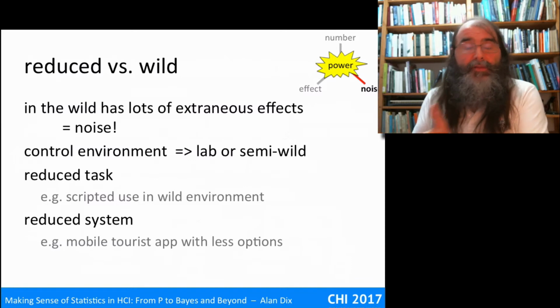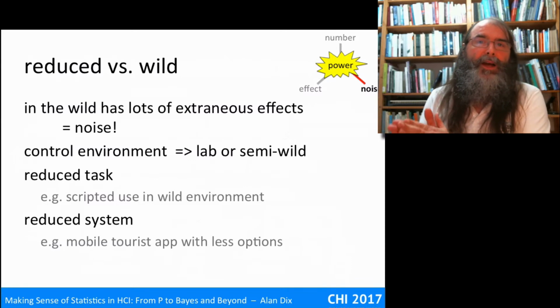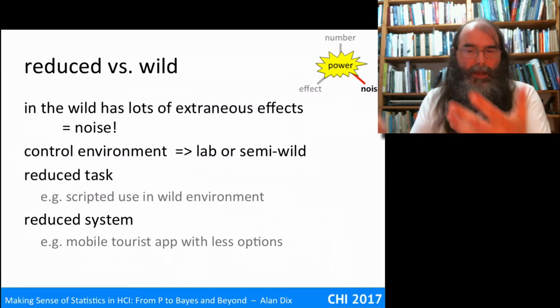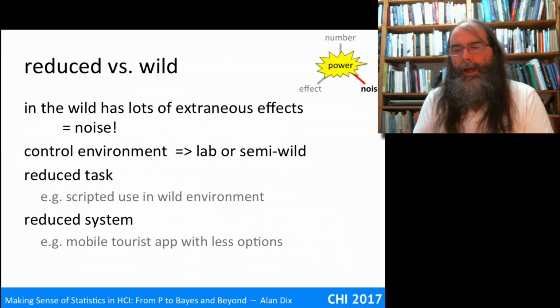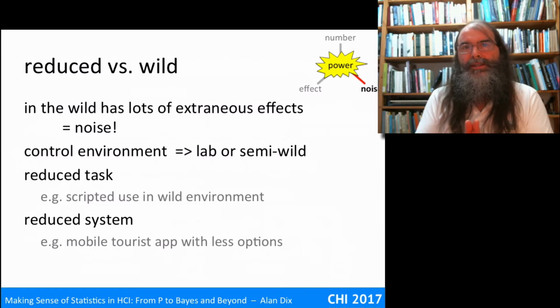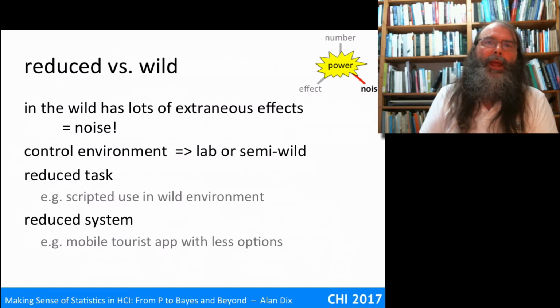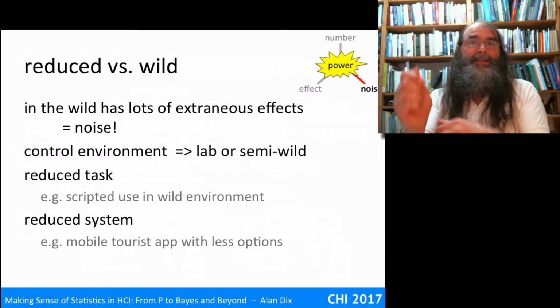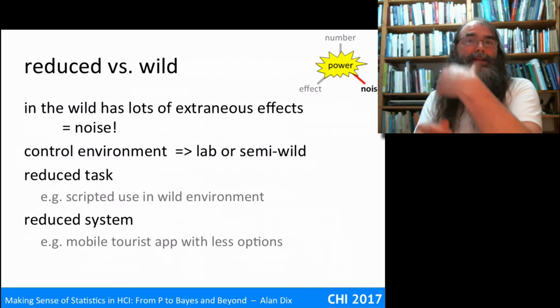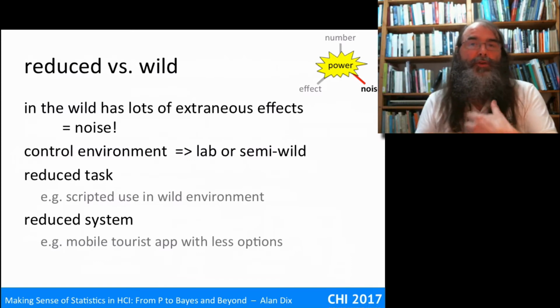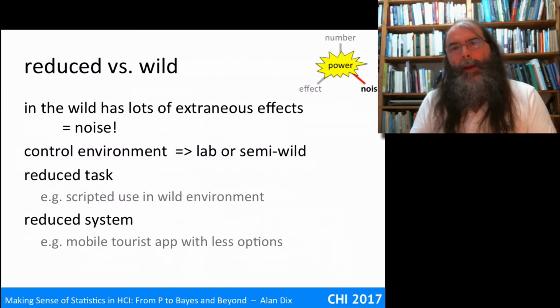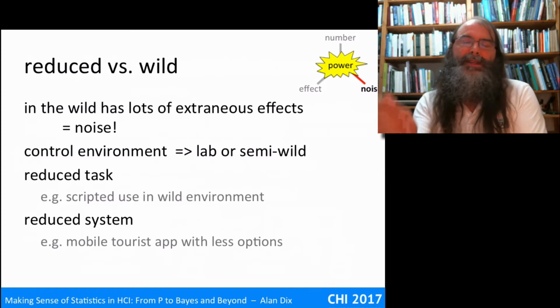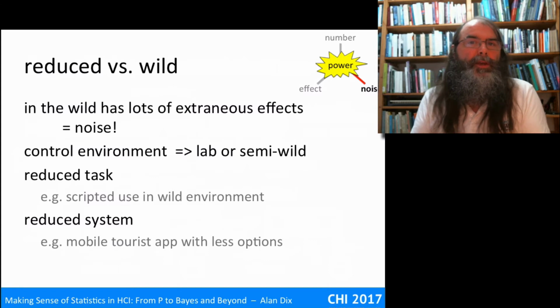An example of this was a colleague of mine, Nigel Davies, with some of his colleagues, who was working on a mobile tourist app, and it was in the times when people were looking at using the camera to actually detect what was being looked at, and then to allow that to give information about it. And one of the issues was, what happens if the image recognition is actually a bit faulty?